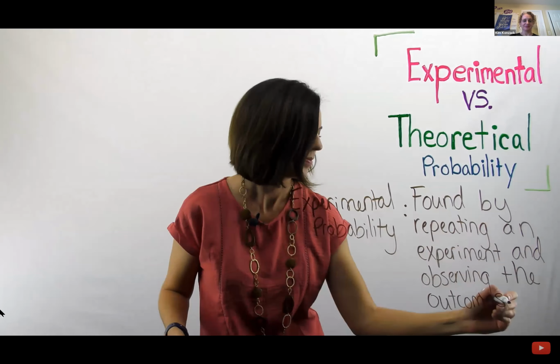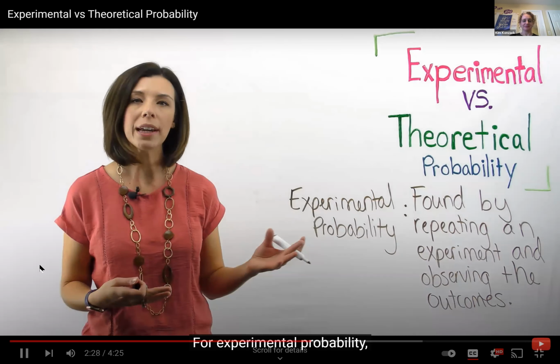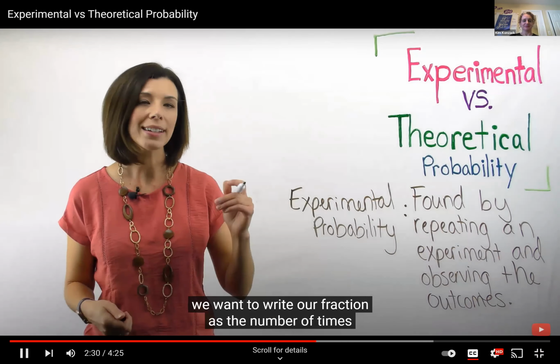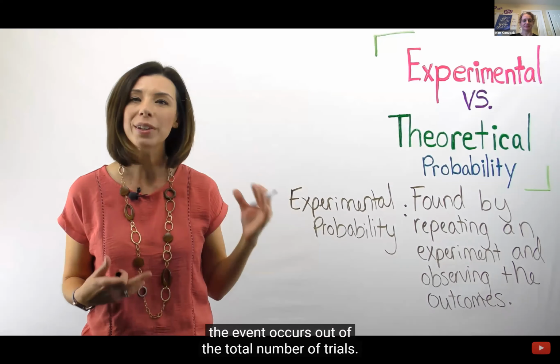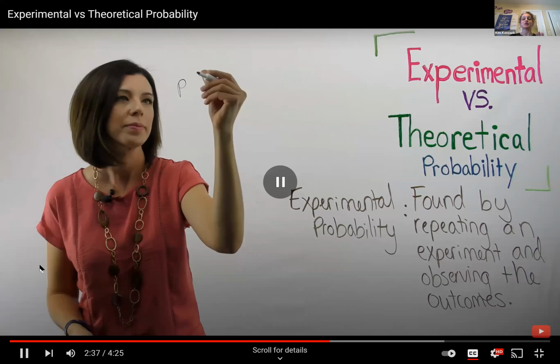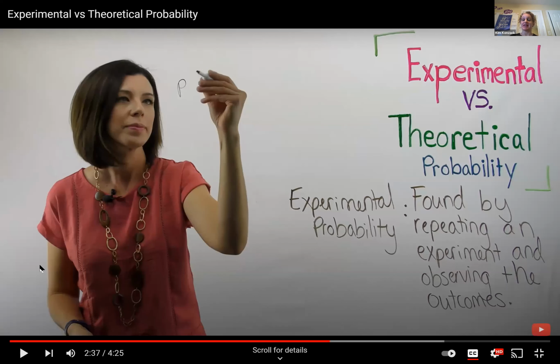For experimental probability, we want to write our fraction as the number of times the event occurs out of the total number of trials. Experimental probability, like we said, is found by repeating an experiment and observing the outcomes.